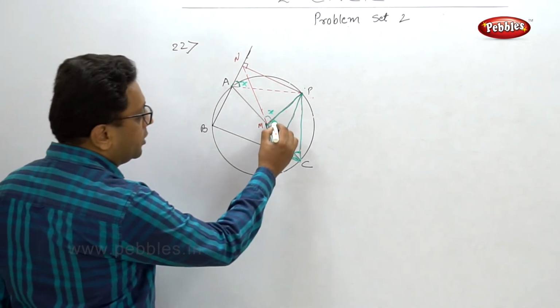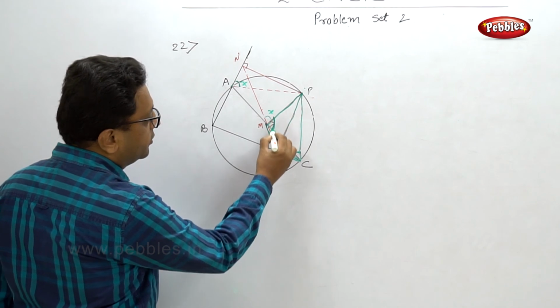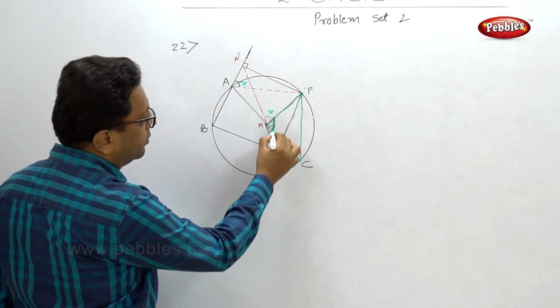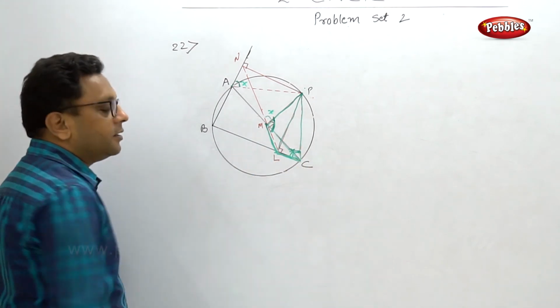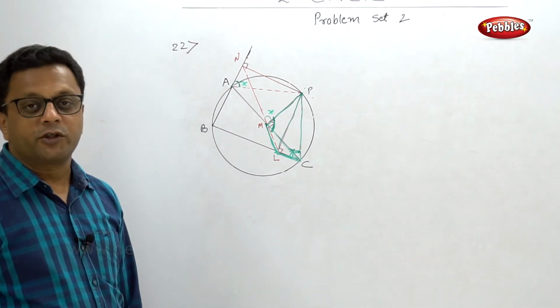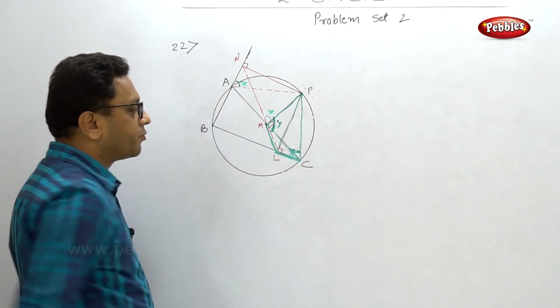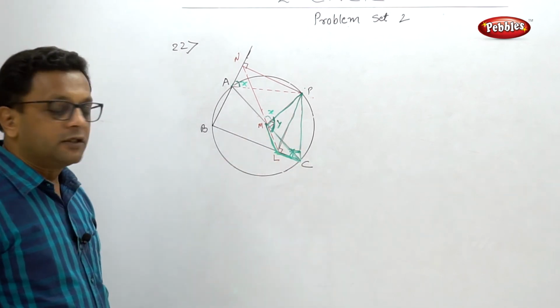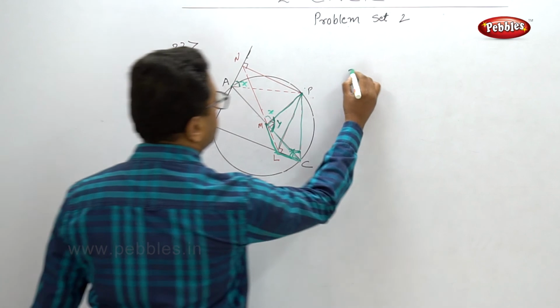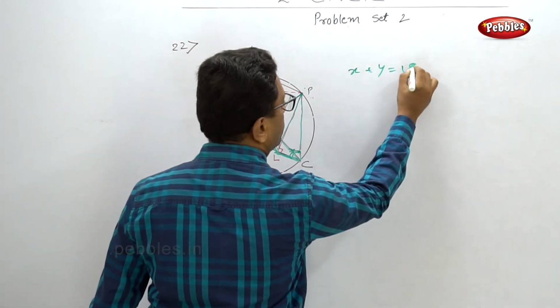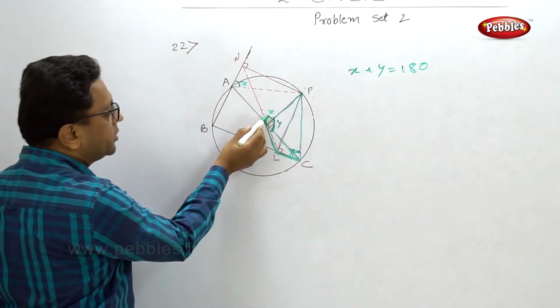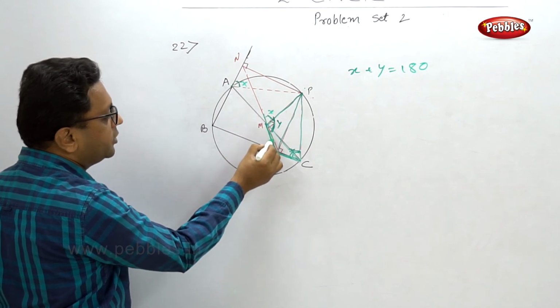And now this angle plus X is equal to 180, opposite angles of a cyclic quadrilateral. Let us say this angle is Y. So X plus Y is equal to 180. But this is also X, here is also X plus Y, and this is a straight line.